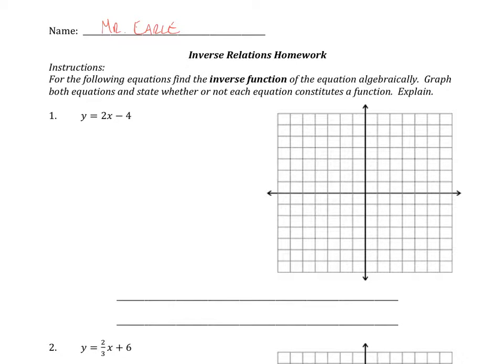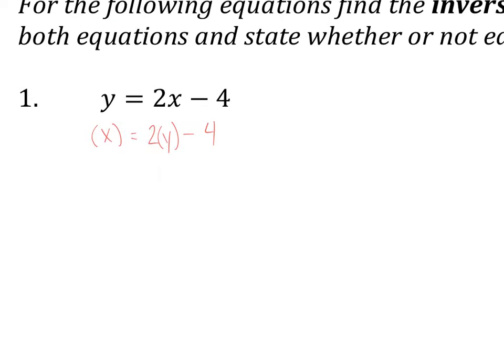Explain. Alright, so this is our equation. The first thing we have to do is find the inverse function, and we talked about how we're going to do that. What we're going to do is first flip our x and y, and once we've done that, our only other step is to just solve for y.